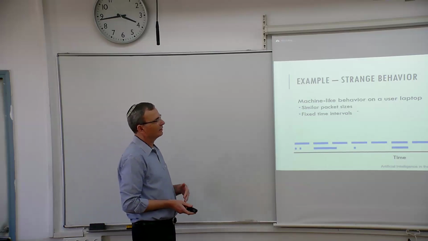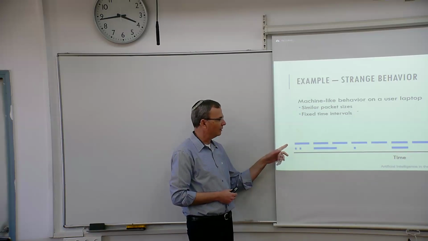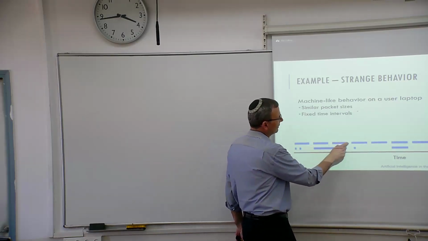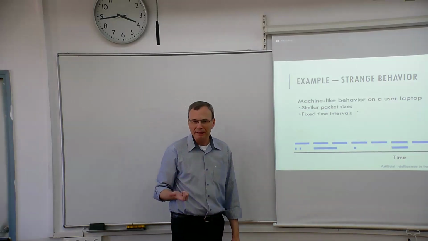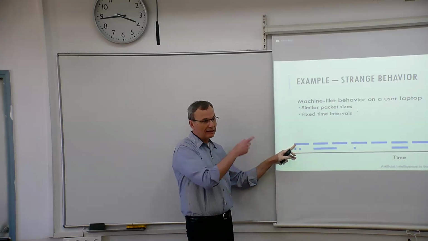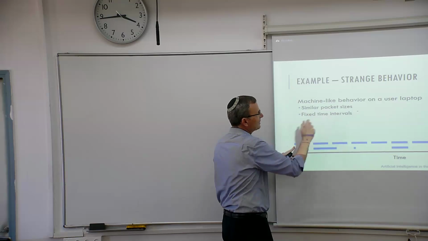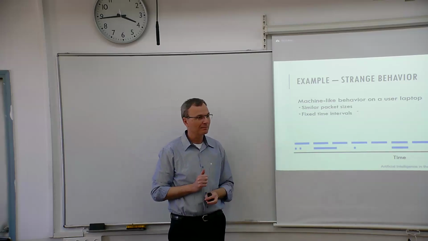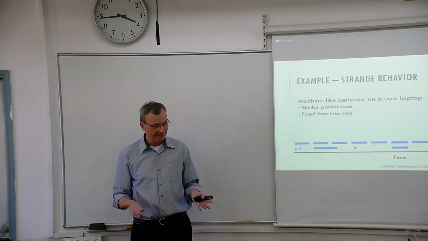Then we notice that from one of the machines, we see a pattern of communication where all packets look the same size and come at very regular times. There is no human being that can do this. This is a machine. So in this case, the anomaly is that there is something with similar packet size and fixed time intervals. It might be a malware. But even if it's randomized, it can be a malware. Yes, but this is a pattern that may indicate a malware.